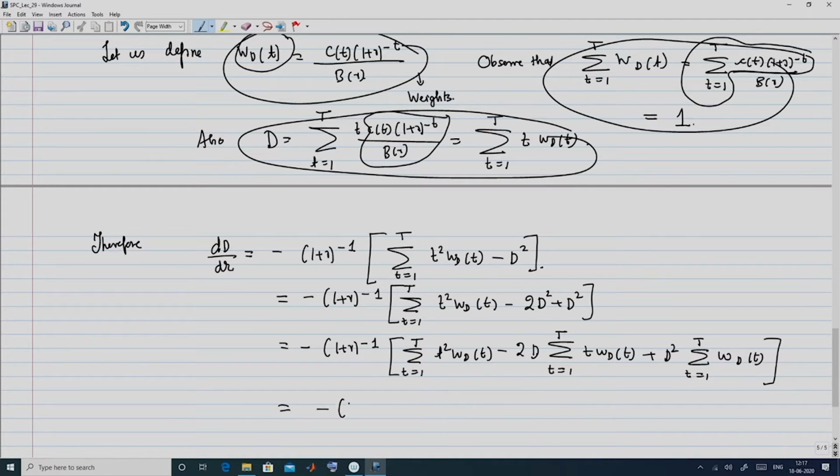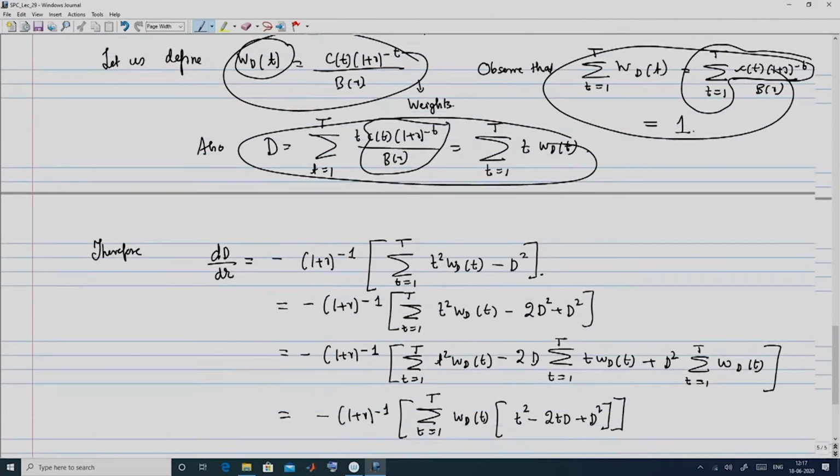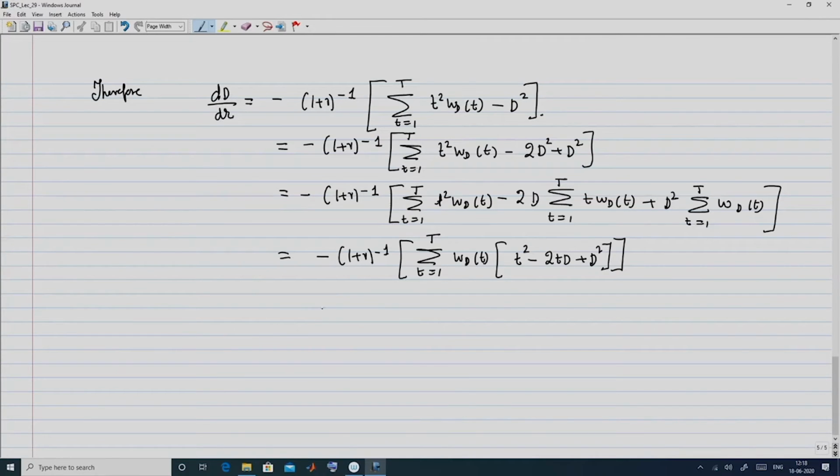And this is going to be nothing but minus of (1 plus r) raised to minus 1, summation t equal to 1 to capital T, W d of t, t square minus twice T d plus d square, and this can be written as minus of (1 plus r) raised to minus 1, summation t equal to 1 to capital T, W d of t into (t minus d) whole square, and this can be written as (1 plus r) raised to minus 1 into V d.